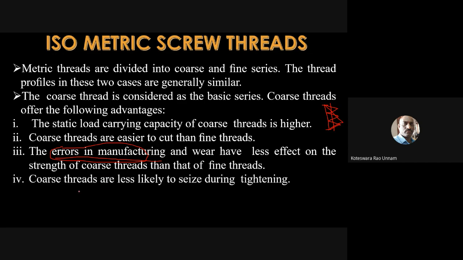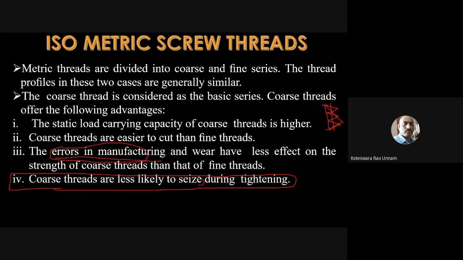Then coarse threads are less likely to seize during tightening. Seizing of the thread is nothing but it gets stuck in the connection, so that it cannot be rotated further in either direction. While tightening, we need to apply some torque to the bolt through the bolt head.